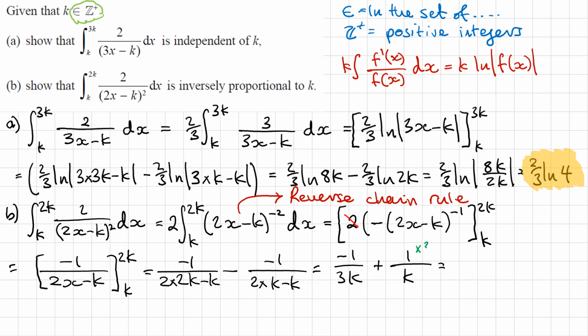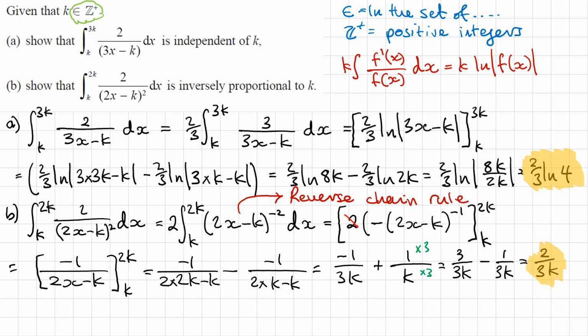So if I were to times the top and the bottom of the second fraction by 3, I would get 3 over 3k. So I'm just going to swap them around as well. That's the plus, and then minus 1 over 3k. So that's just going to give me 2 over 3k. And this last expression is inversely proportional to k as required.